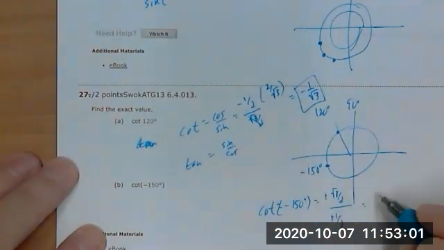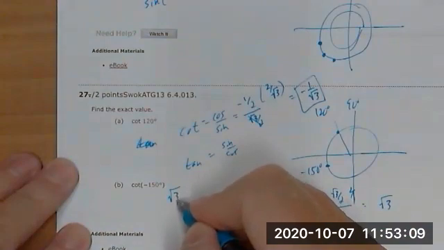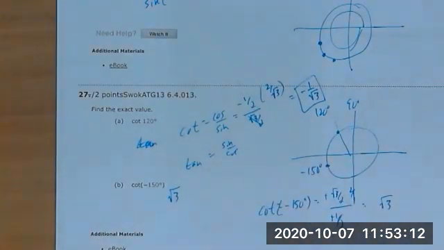Negatives cancel out. By the time you do the math, should end up with square root of 3.